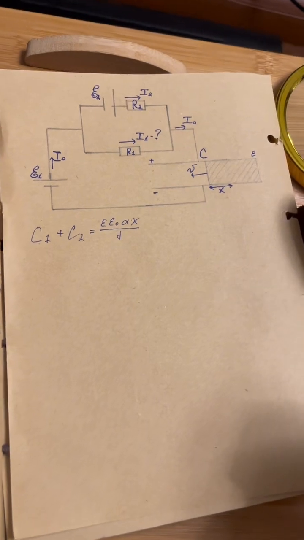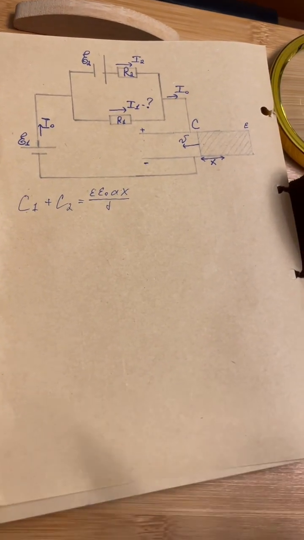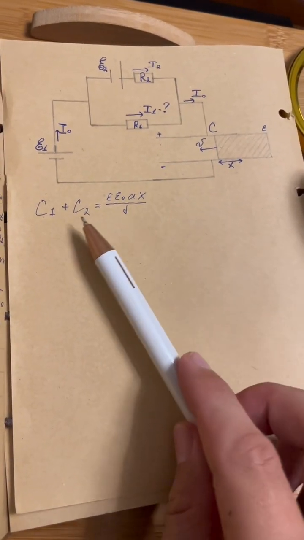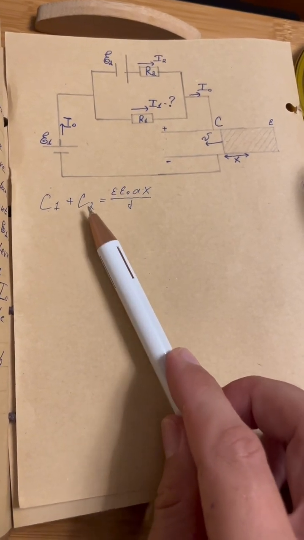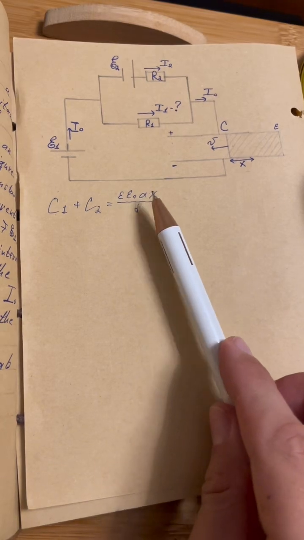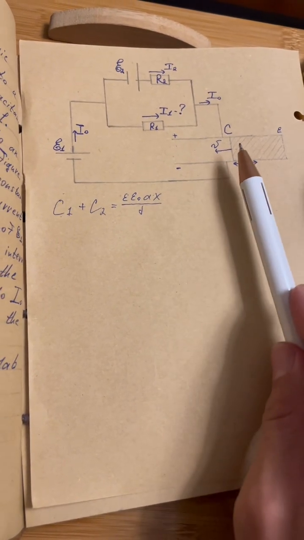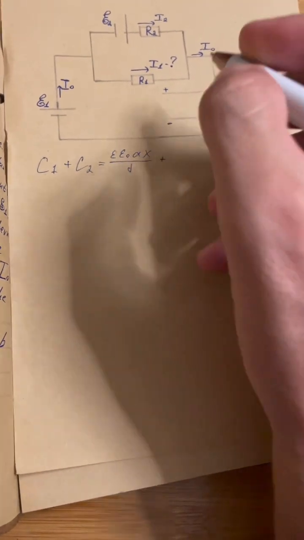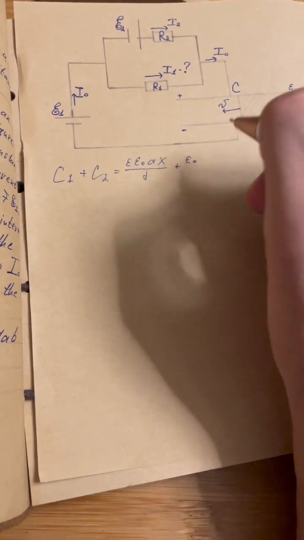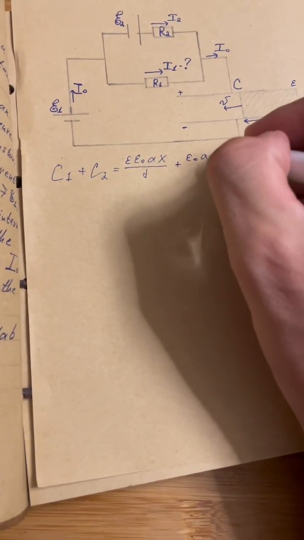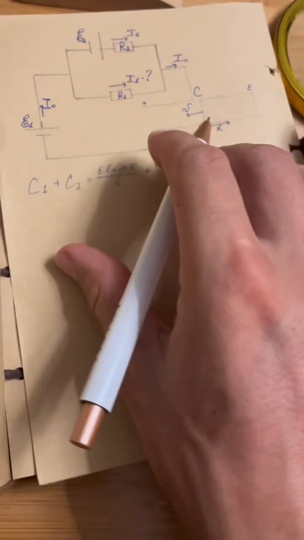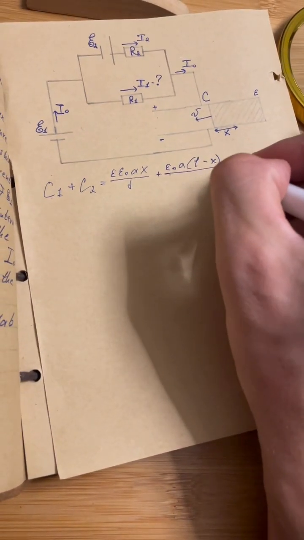If we can consider this as two capacitors in parallel, we can say that at any instance of time, the total capacitance is C1 plus C2. C1 is epsilon 0 A X over D. This is the part that the dielectric slab is already inside. And C2 is just epsilon 0 A (L minus X), over D as well.